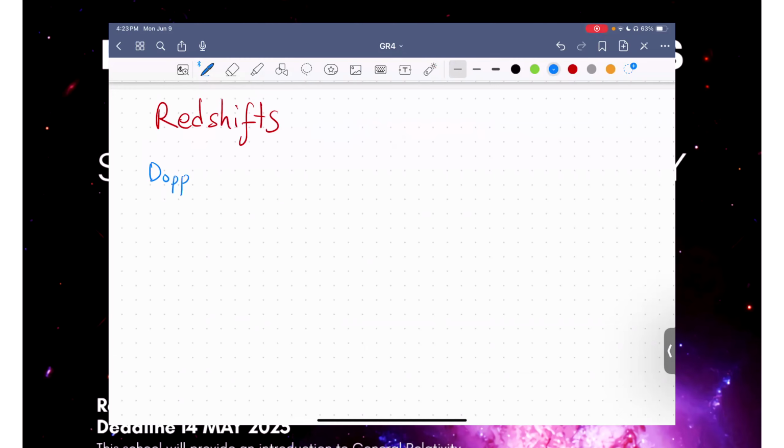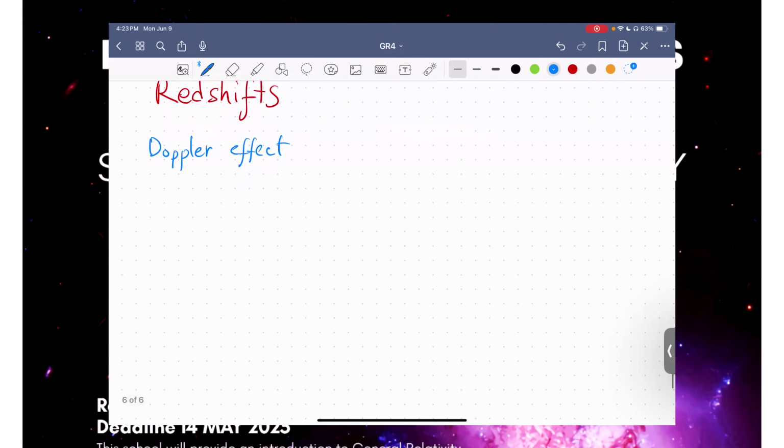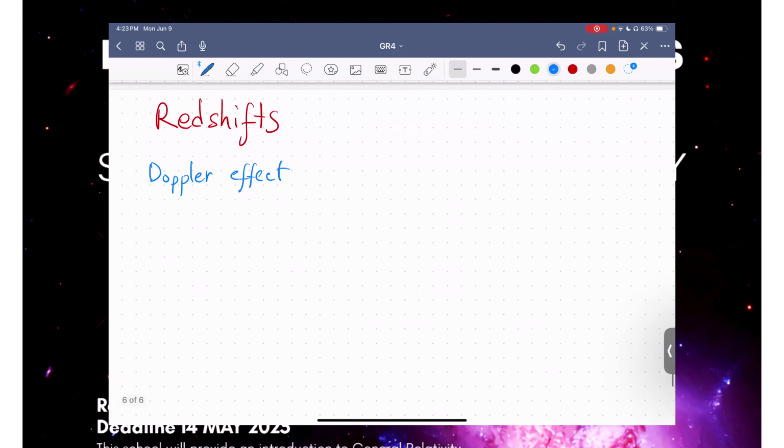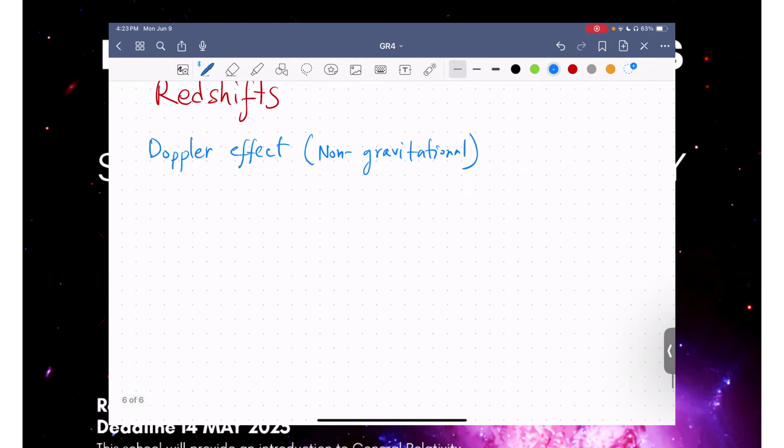Just the Doppler effect. And I expect all of you have seen this in your special relativity class, but it's good to remind ourselves of the notations at least. Just as a reminder, this is non-gravitational.